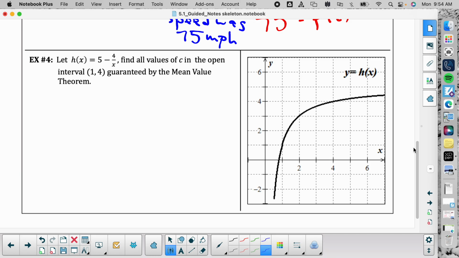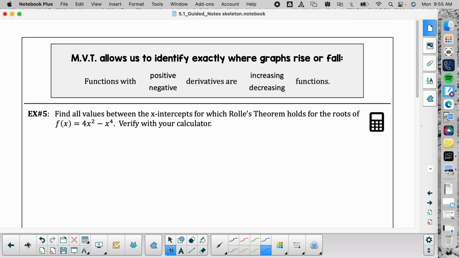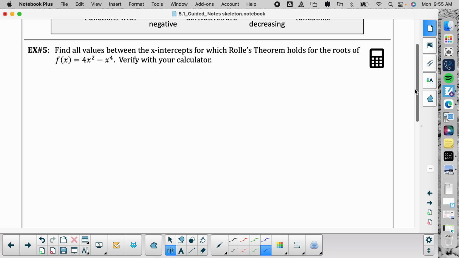Do you want to do this one? No. No? Just because it was graph? I see, well, okay. Okay, now we're on the calculator problems. You guys can blame Olivia. I would like to do graph work.